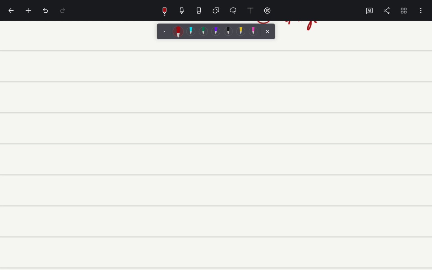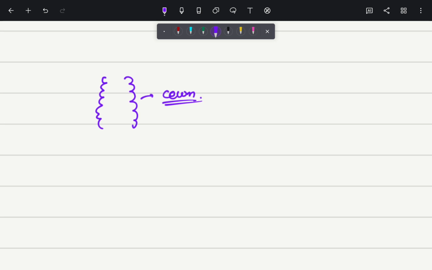Now, in order to understand this, I will draw a small diagram here. So here is the cecum. Now the cecum has the appendix. There is a condition called appendicitis where the appendix is inflamed.